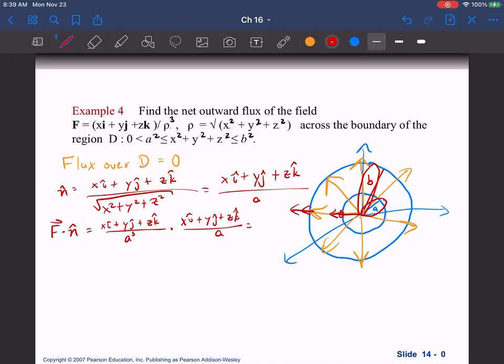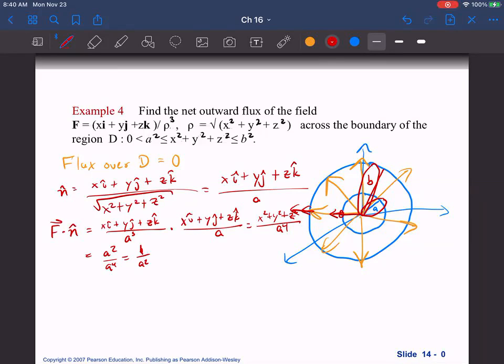This is going to just equal, ultimately, when you dot these all together, x squared plus y squared plus z squared on the top, over a to the fourth. But x squared plus y squared plus z squared is essentially a squared, because the square root of that would be a. So this is a squared over a to the fourth, which is just 1 over a squared.